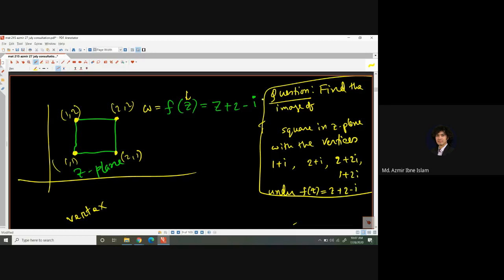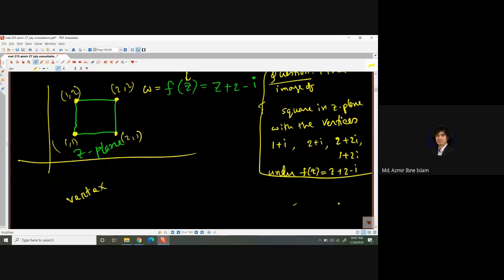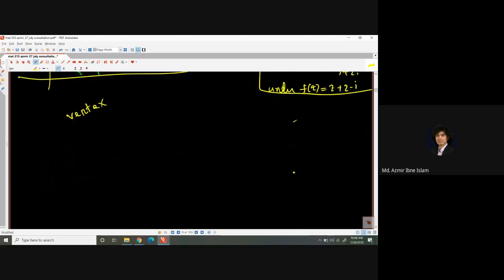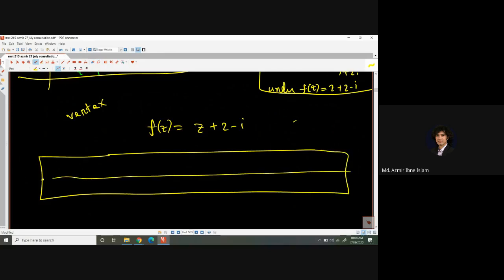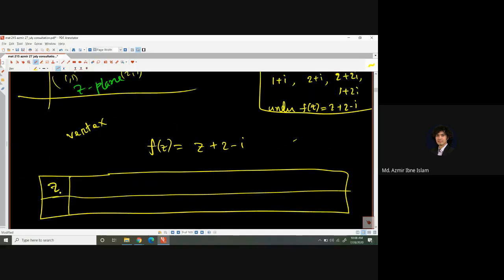This is the complete question, and we have to find the image with the help of this function. Again the concept is the same: we input z, then we get the output. You can use a tabular technique or your calculator. The main idea is that finally you have to find the outputs. Whatever method you apply, we need your answers.